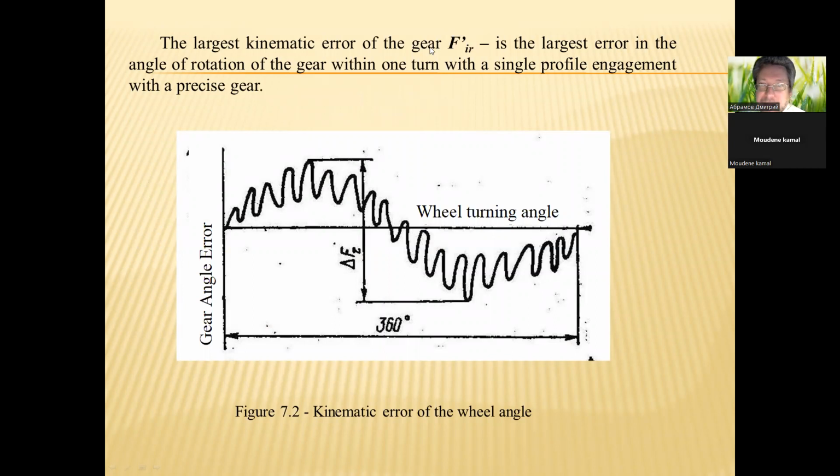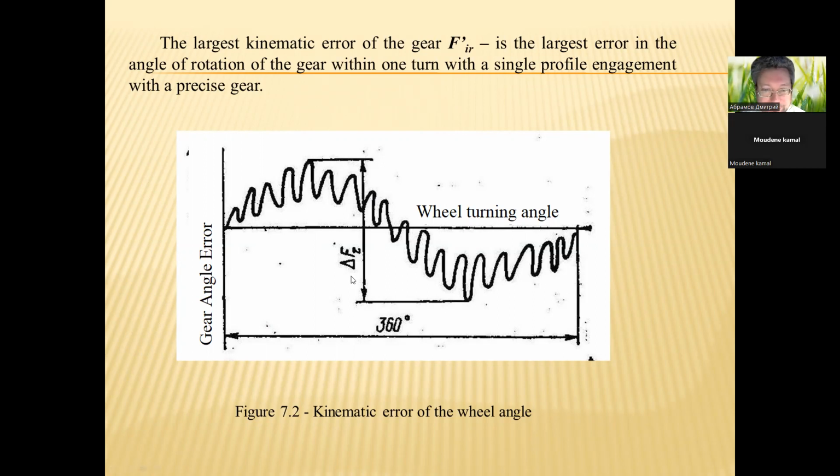First parameter, F suffix IR. The largest kinematic error of the gear is the largest error in the angle of rotation of the gear within one turn, 360 degrees, one revolution of the gear, with a single profile engagement with a precise gear.